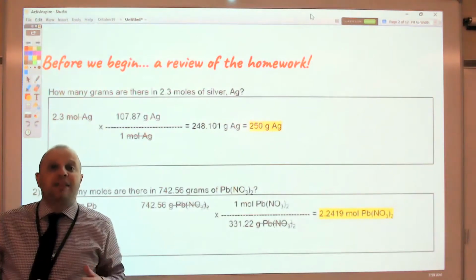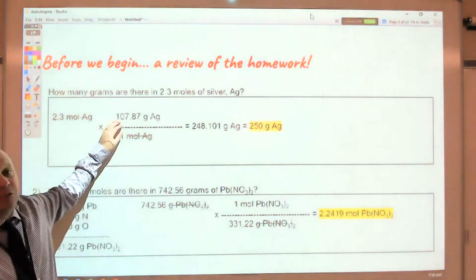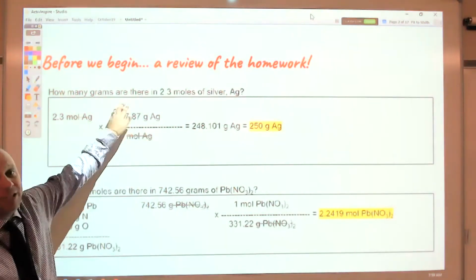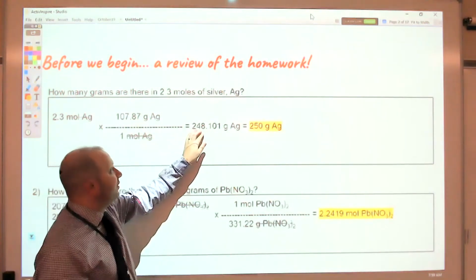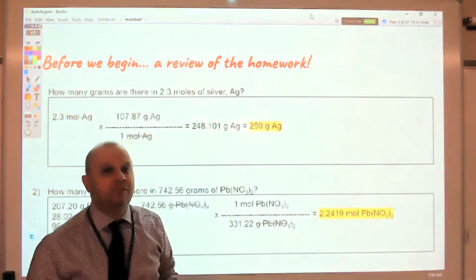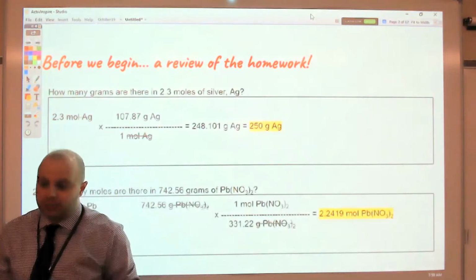So we're just going to get the average atomic mass for silver straight off the periodic table. That turns out to be 107.87 grams. When we multiply, because it's on top, we wind up with this answer, 248.101 grams. Then accounting for significant figures, that becomes 250 grams of silver.